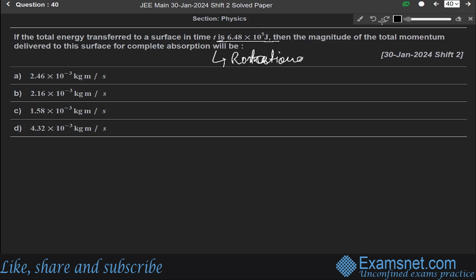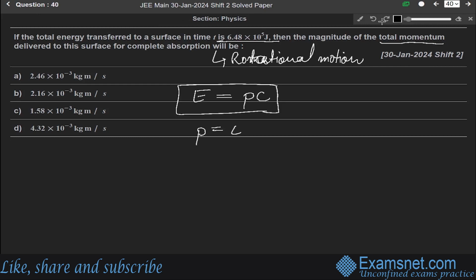Now according to this question, we have to find the total momentum. Since we know that the relation between energy and momentum is E equals PC.